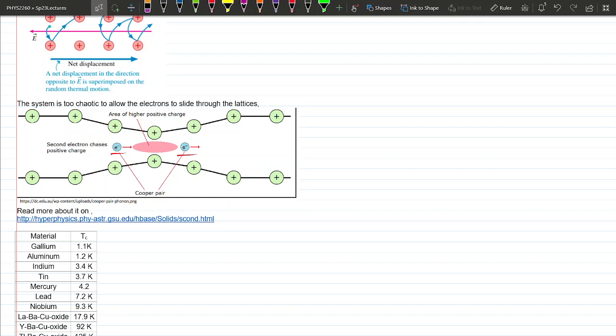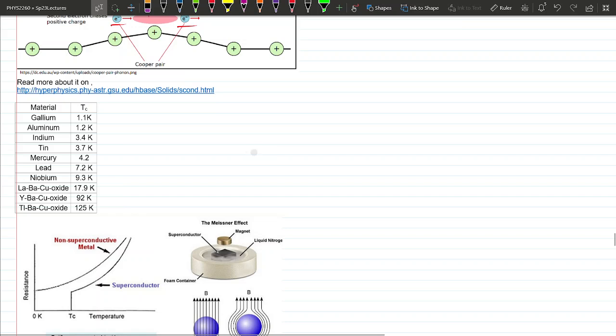I'm not quantifying it, but hopefully the conceptual view makes sense. So instead of me running really fast around this room bouncing off of you, if all of us just file one by one through the middle here, we're not going to have a lot of resistance. That's the idea of superconductivity. Hopefully that makes sense.